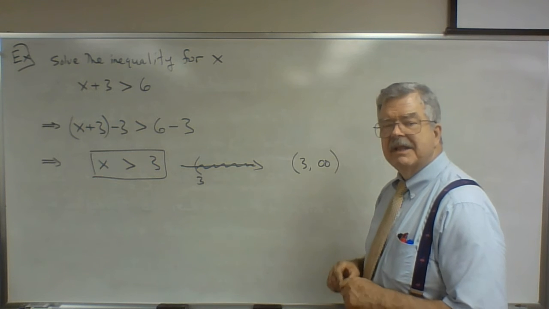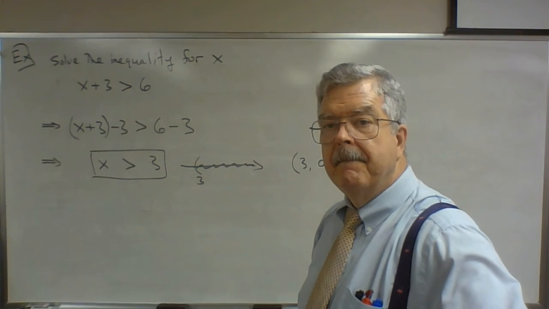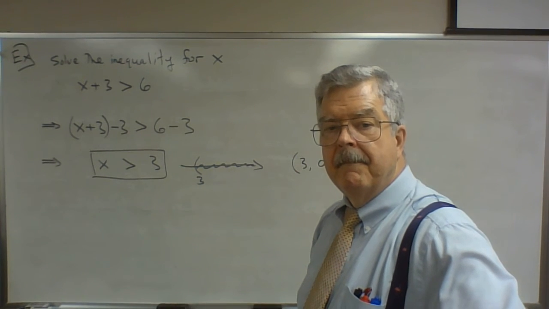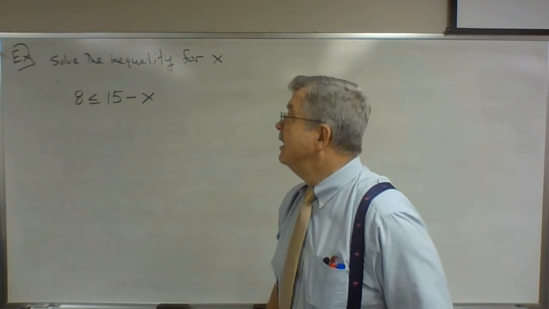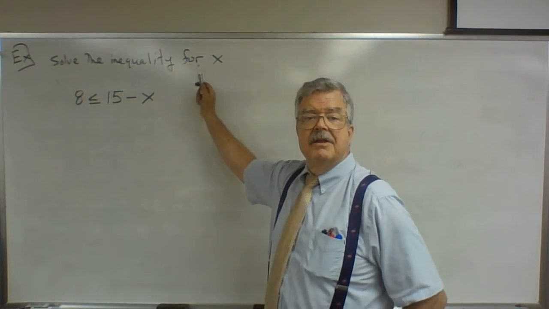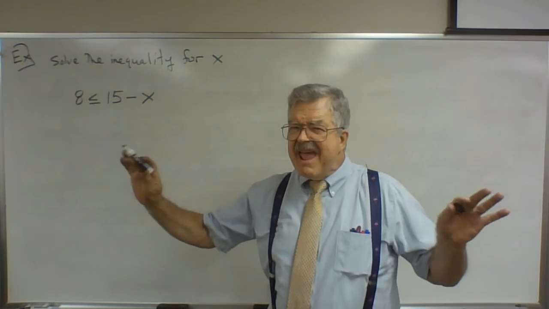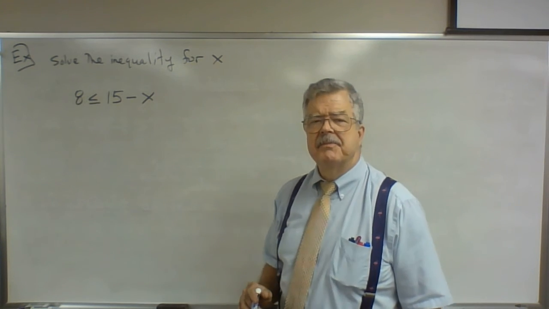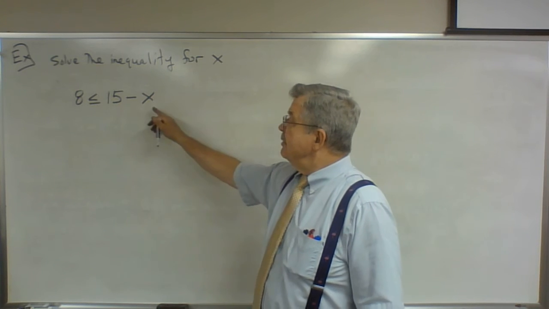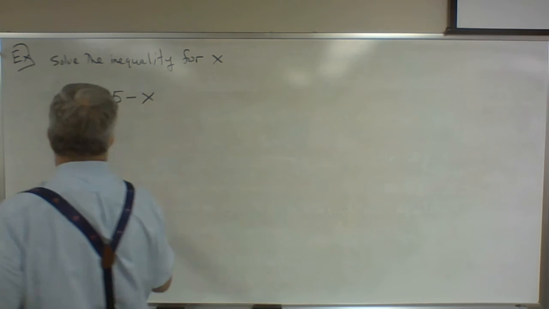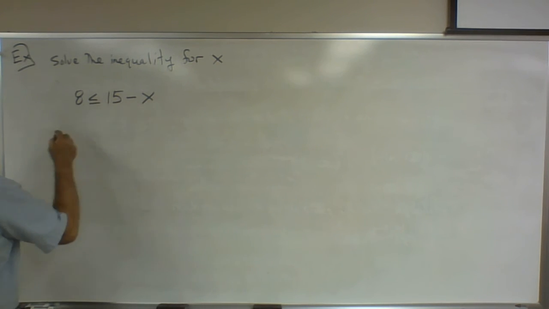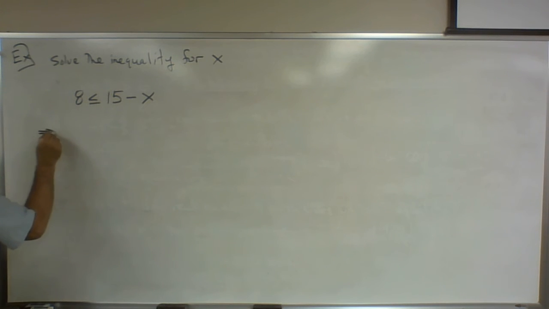Well, this was pretty good. Let's do another one. Solve the inequality for x. I want to get x on one side of the inequality, everything else on the other. So what I could do is add x to both sides, so I won't have a minus here. So I'll add x.